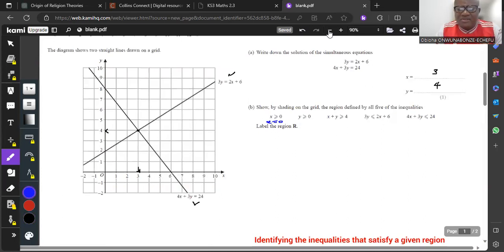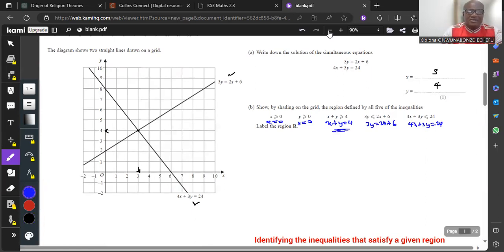Y equal to 0 is already there, which is the x-axis. X plus y equal to 4: this line is not yet given, so we'll find this line. 3y equal to 2x plus 6, and 4x plus 3y equal to 24. So these lines are all given. Only this line is not yet given.